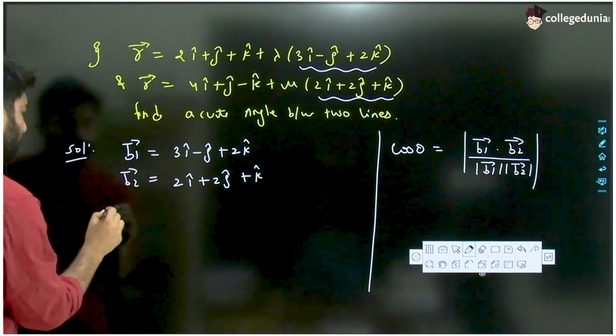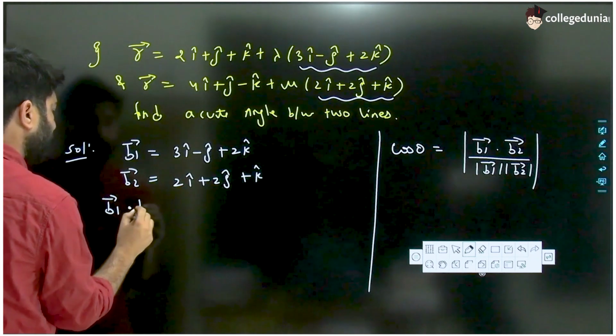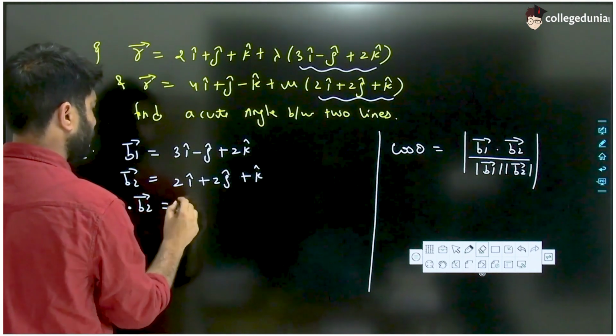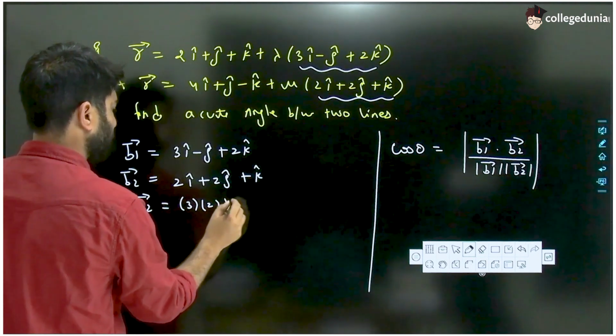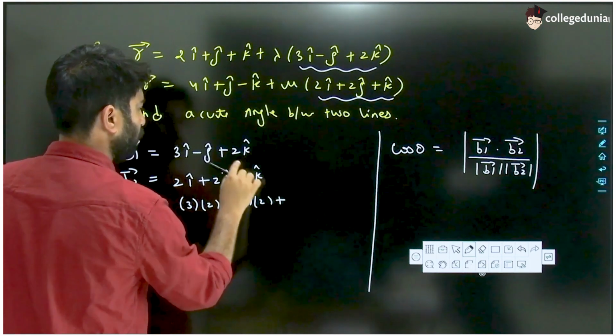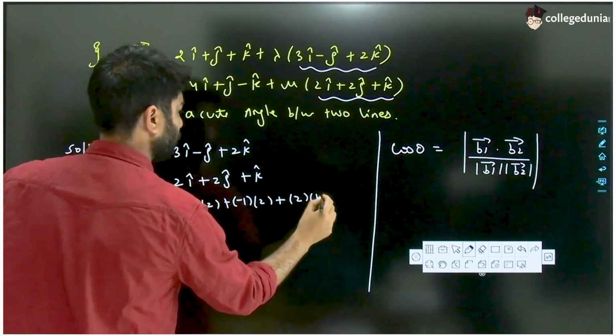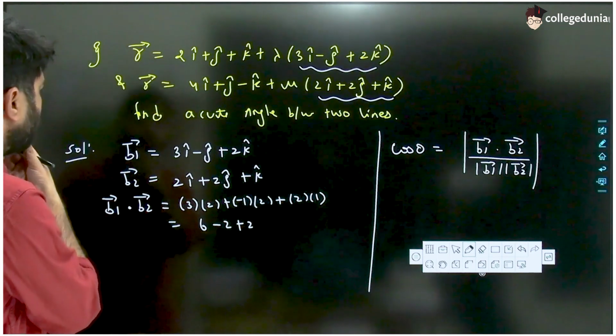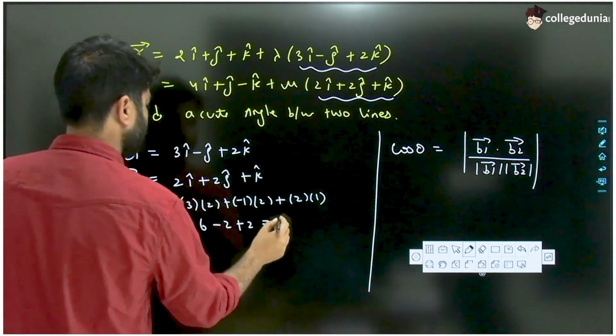The dot product of b1 and b2 will be 3 into 2, minus 1 into 2, and 2 into 1. So this is 6 minus 2 plus 2, and the answer is 6.